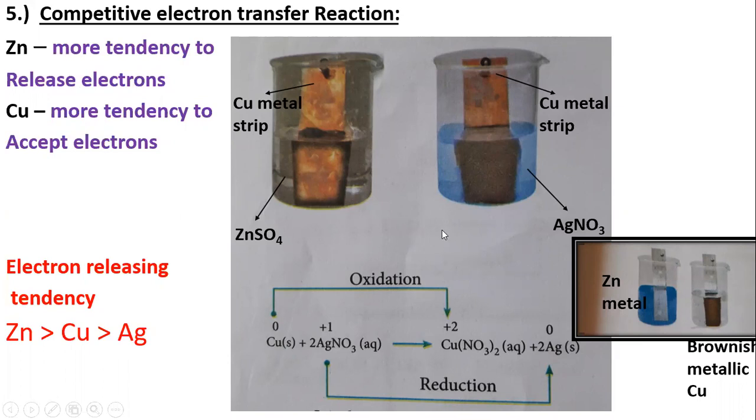This kind of electron transfer reaction is very useful in designing the galvanic cell. Galvanic cell is a kind of cell, and the detailed explanation of the galvanic cell you will study next year.